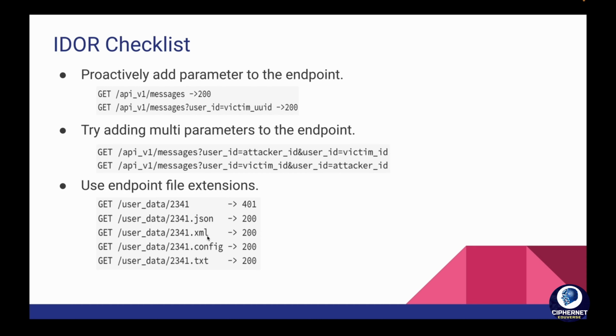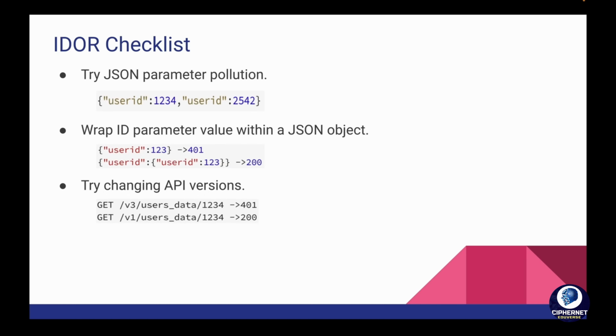So next we are going to discuss the next method. So try using JSON parameter pollution. So try to insert dual parameters in the JSON request body, and you might get the victim's information instead of your information. So you can also bypass the authorization check with dual parameters in a JSON request body, and wrap the ID parameter value within a JSON object.